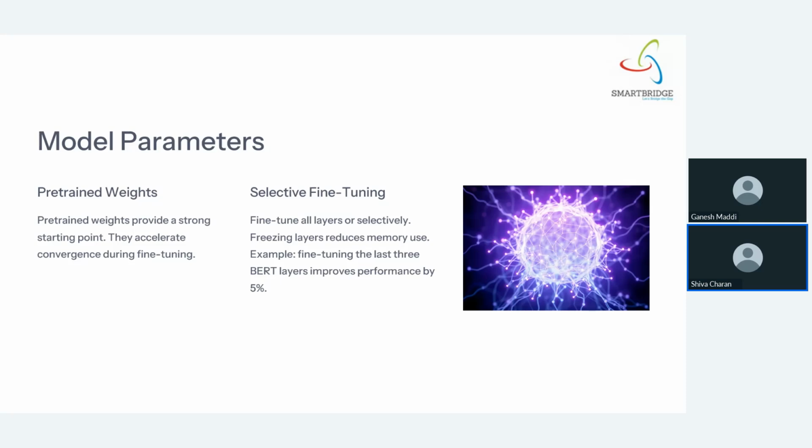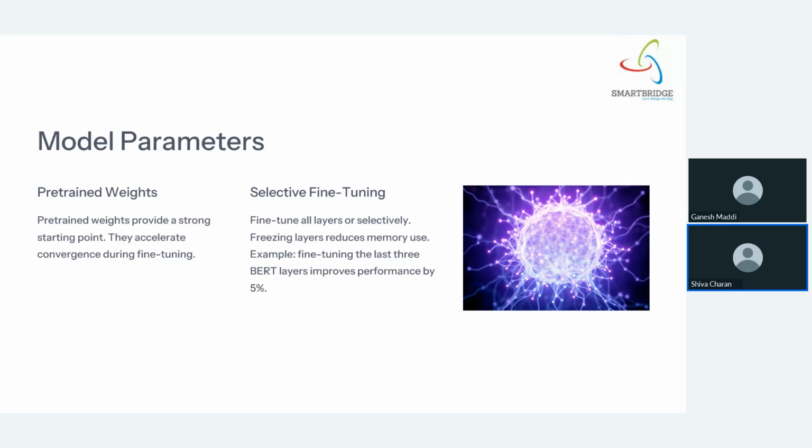So what exactly are model parameters? We'll be having variables, right? Model parameters are nothing but the variables that are adjusted during the training process. Whatever variables we are adjusting during training, we'll call them model parameters.